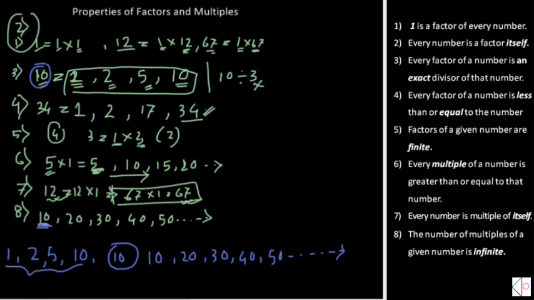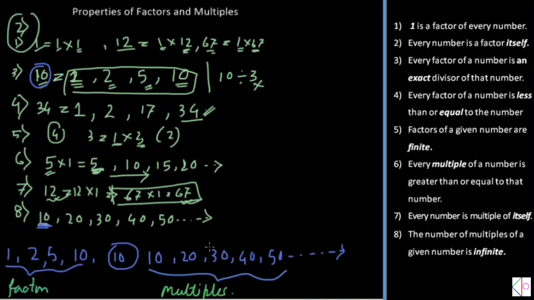In the case of factors, the number of factors is finite. Those are the factors, 1 to 10, and those are the multiples. They are termed multiples and they are infinite. We can't count them.